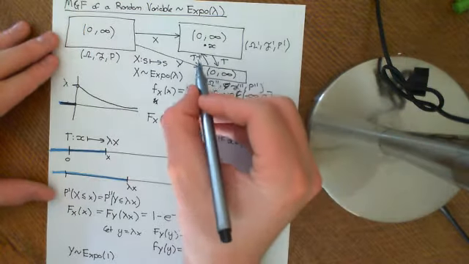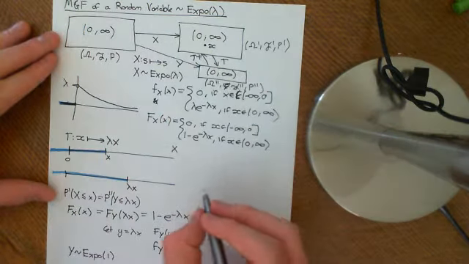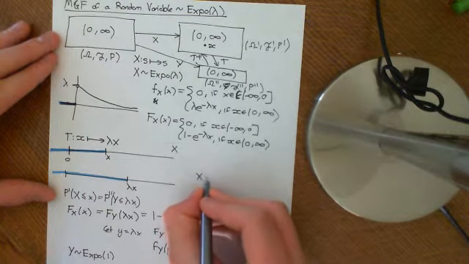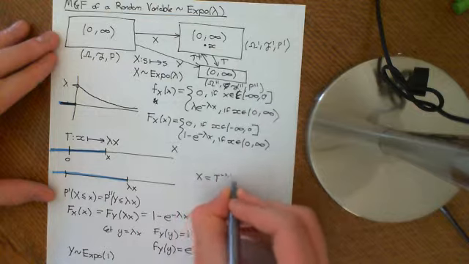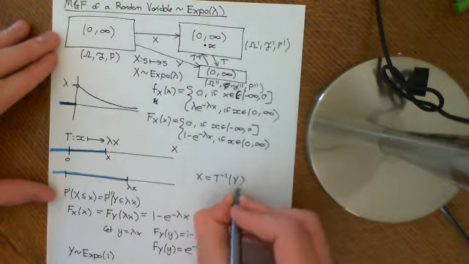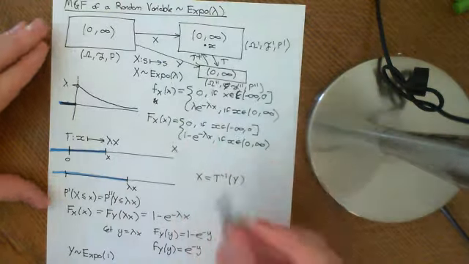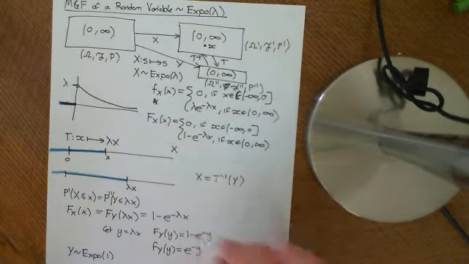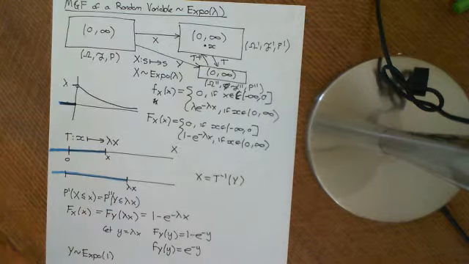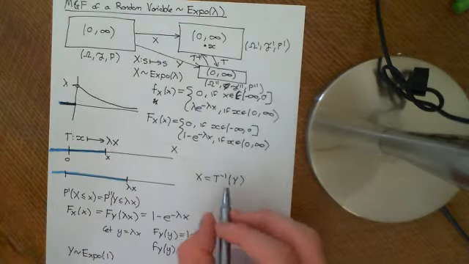Then we could think about X being equal to T inverse of Y. So you first do Y and then do T inverse. So we can think of a general exponential random variable X that is distributed in a general exponential distribution fashion.